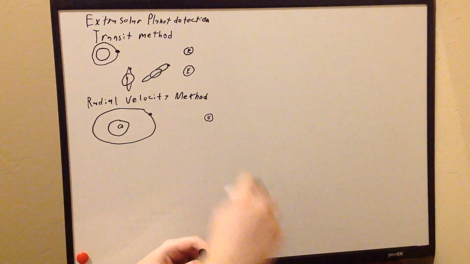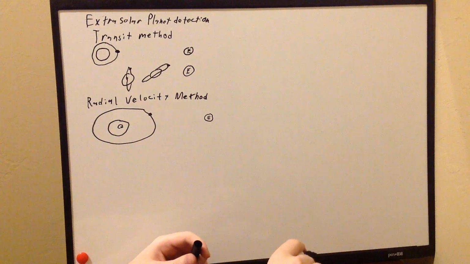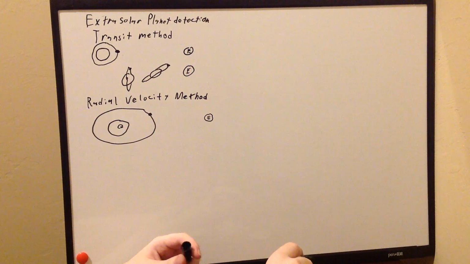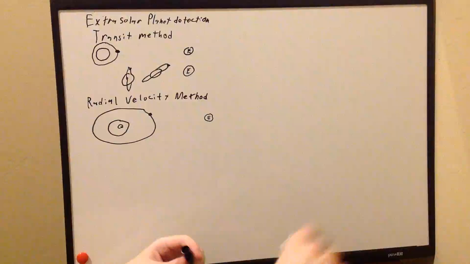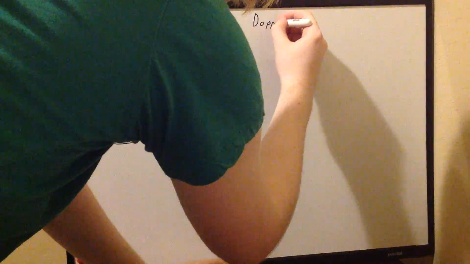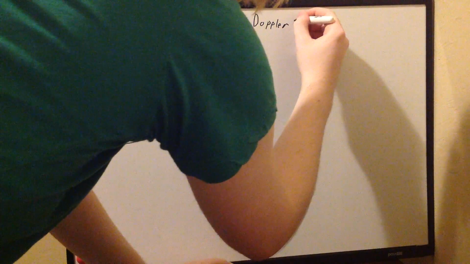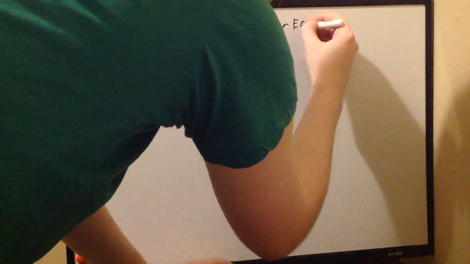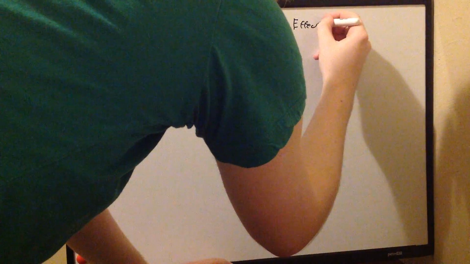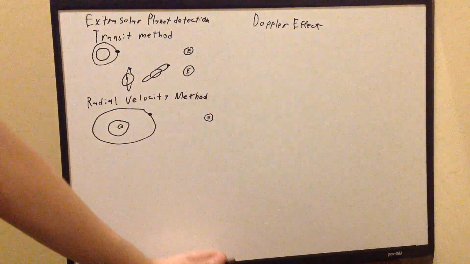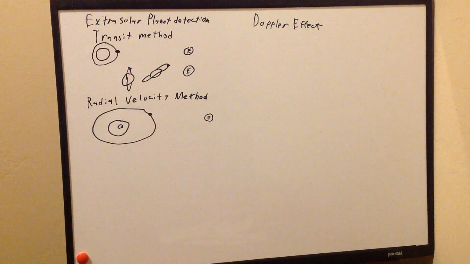Now, to explain how the radial velocity method works, you need to know about something called the Doppler effect. The Doppler effect is a concept in physics and the way waves work.